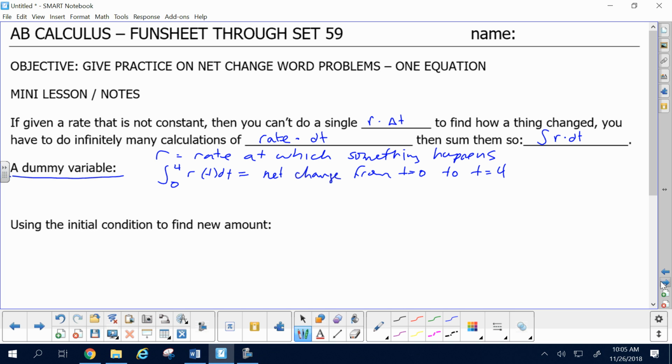If I did something like this, I'm going to write some bad calculus momentarily. Just pause for me and I'll fix it in a second, okay?